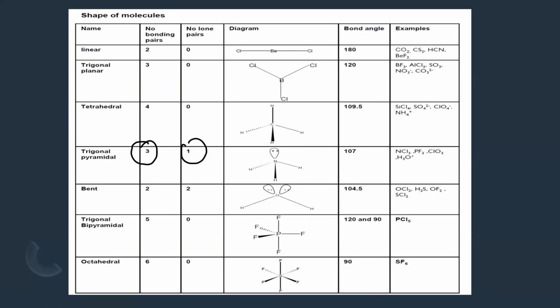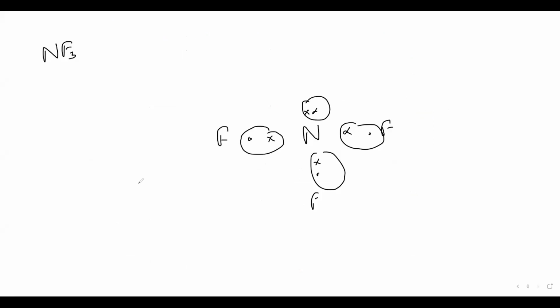This is 3D, so when you draw the structure in the exam, one bond is out, one is in, and one is in the same plane, and there is a lone pair of electrons.